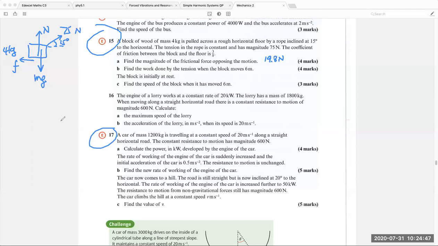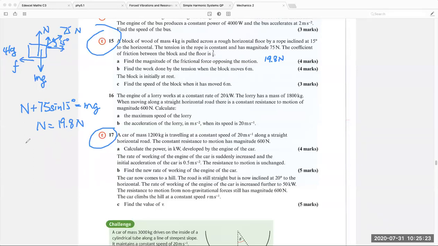So first of all, you need to know how to find your normal reaction. You need to decompose the 75 Newton tension into two components, one vertical and one horizontal. By considering the vertical forces, the normal reaction plus 75 sine 15 degree equals the weight. So you get the normal reaction is 8.8 Newton.